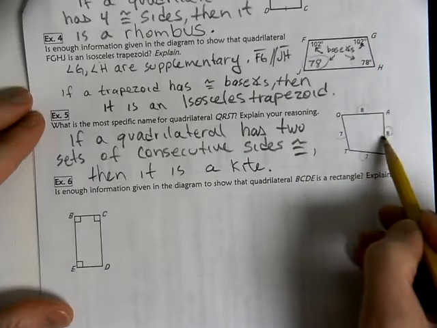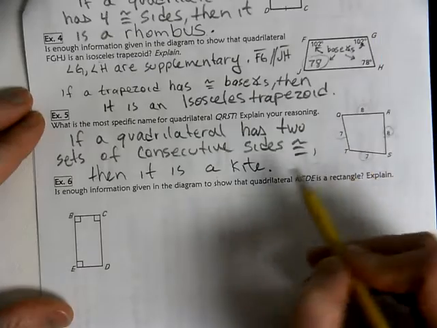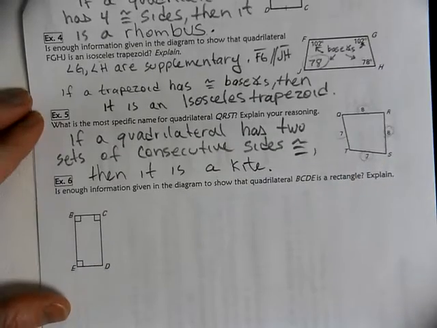Two sets of consecutive sides congruent is going to make it a kite.